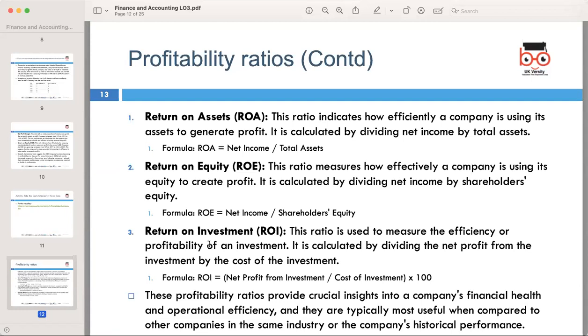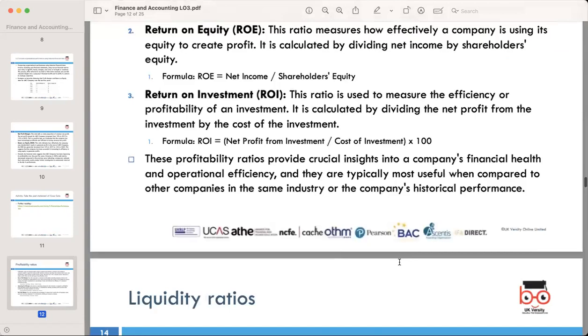To calculate return on investment, we divide the net profit from the investment by the cost of the investment and multiply it by 100. So this ratio is helpful in determining the efficiency of an investment and whether it provides a satisfactory return.